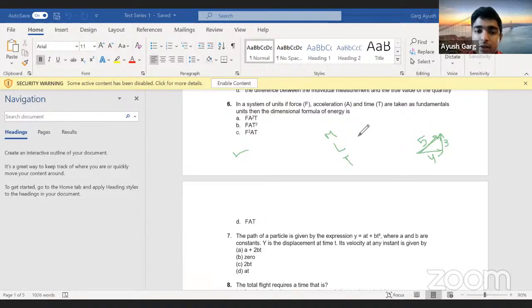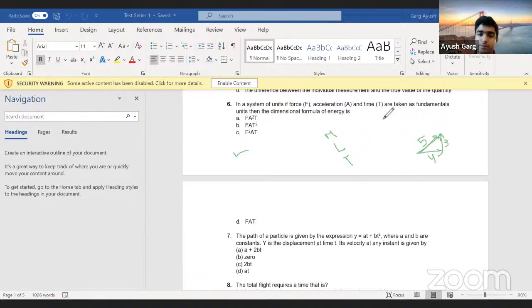So in order to find out the dimensional formula of energy, you have to think, how can you relate energy with these three quantities: force, acceleration, and time? You have to think. Those of you who have a basic idea of further chapters like work, power, energy must be knowing that energy is nothing but energy stored as a result of work done.